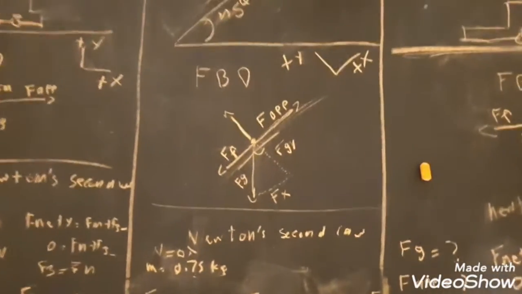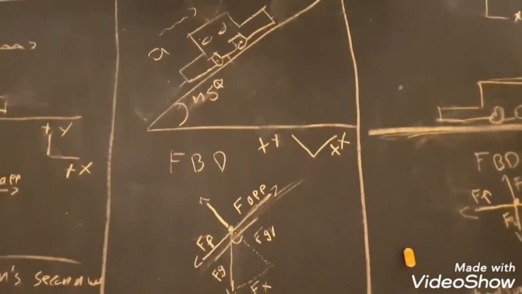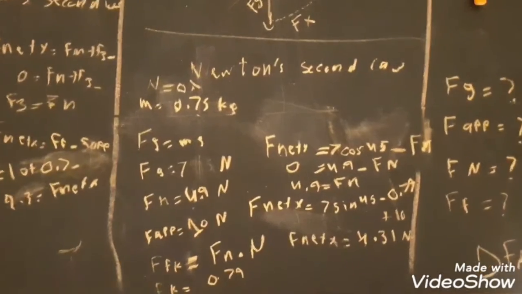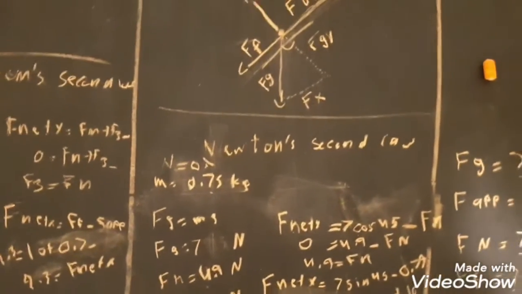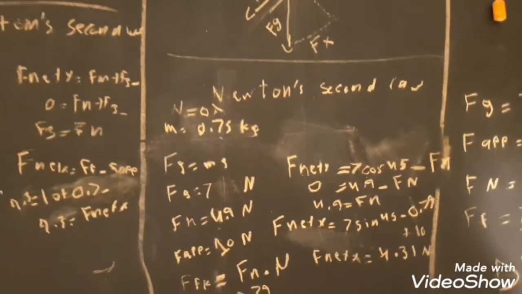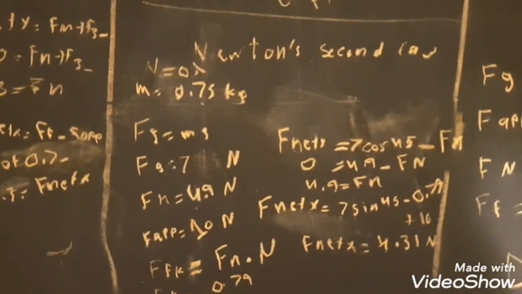And now we add numbers to the same thing we did right there, but with numbers. So we go right away to Newton's second law. Assume that the car was 0.75 kilograms and the applied force was 10 newtons.